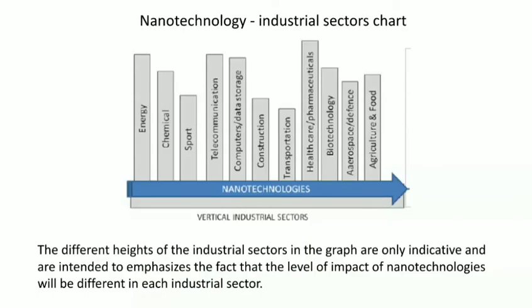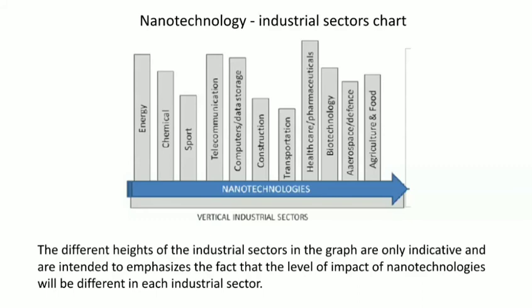This is again a very interesting chart. Like the previous one, you can see that because it is an interdisciplinary science, it has contributed to different subjects of science and technology, and also to different industrial sectors. This is a nanotechnology industrial sector chart.